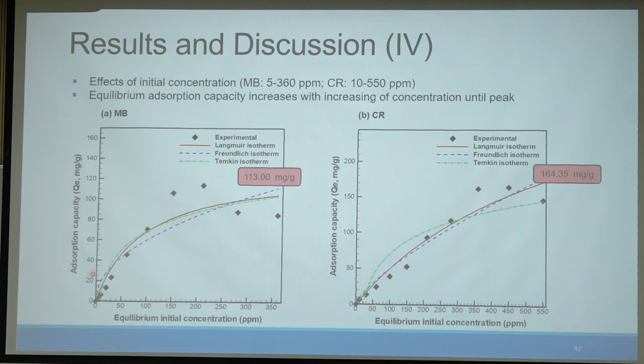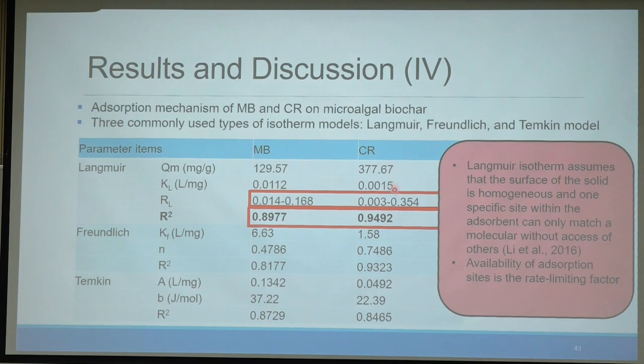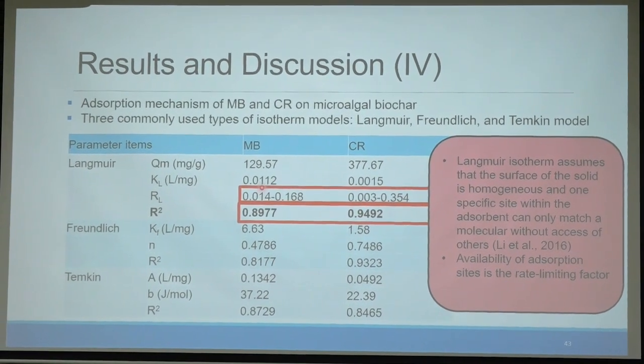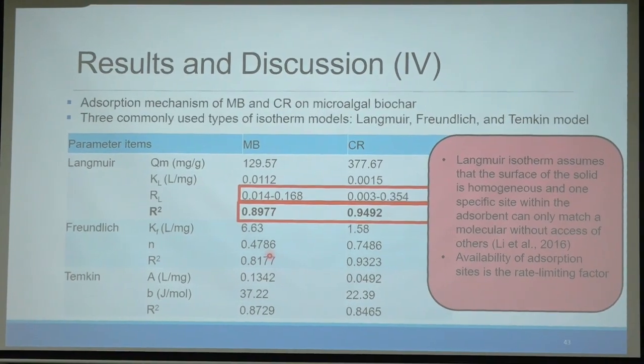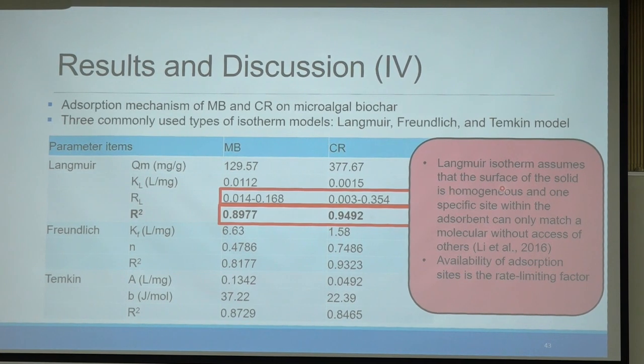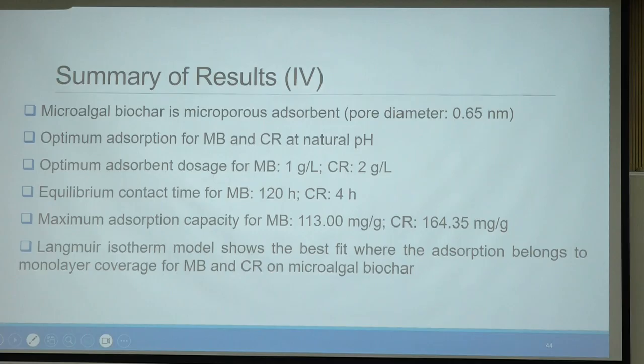This is our experimental data, and we got the graph, and we found that the Langmuir isotherm model is closer. I can say all are almost similar, but the Langmuir isotherm is assumed to be the closest to our biochar absorbent, so it can follow the Langmuir equation.